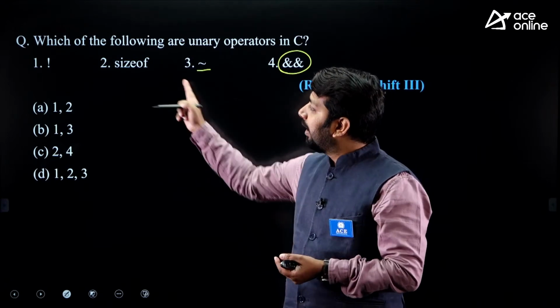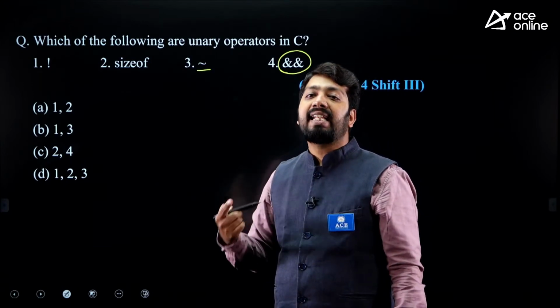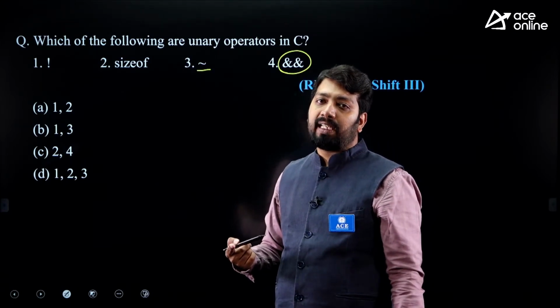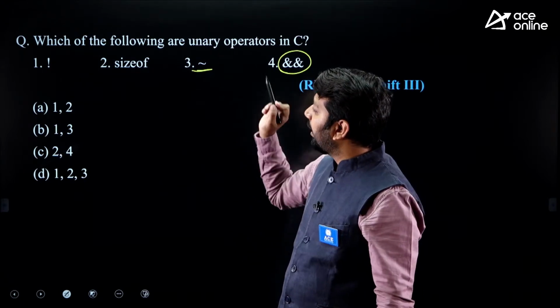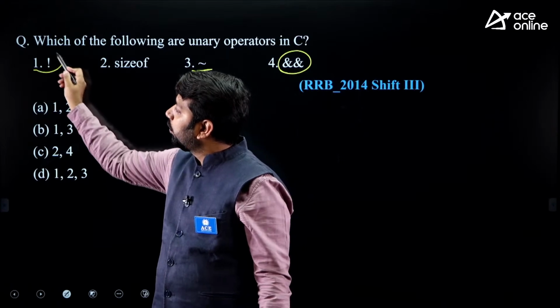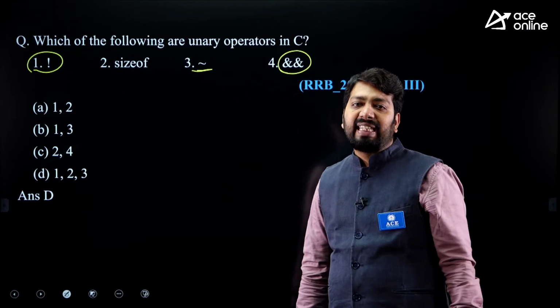Fine. So it needs only one operand. Not will negate the value. It is a bitwise operator which requires only one variable. So it is also unary, and this not is also unary. Fine. So answer is D, 1, 2, 3.